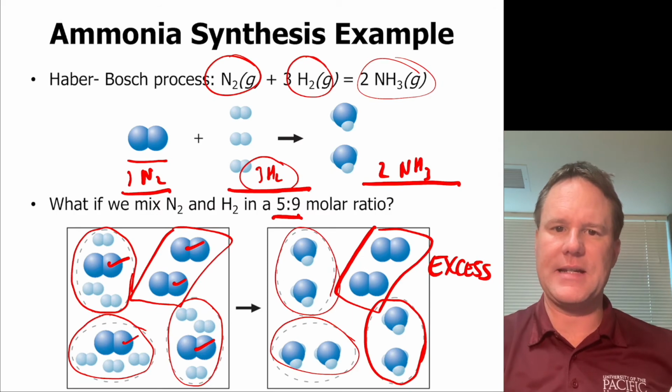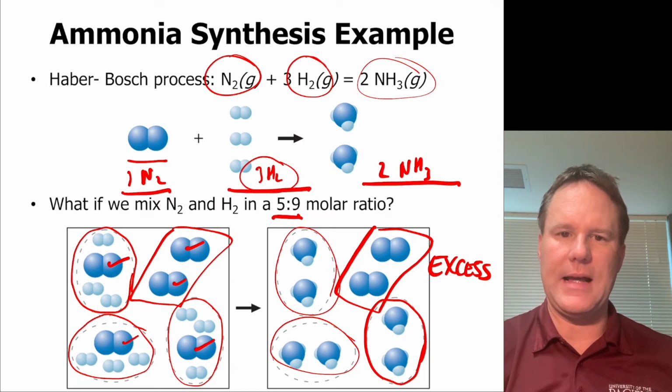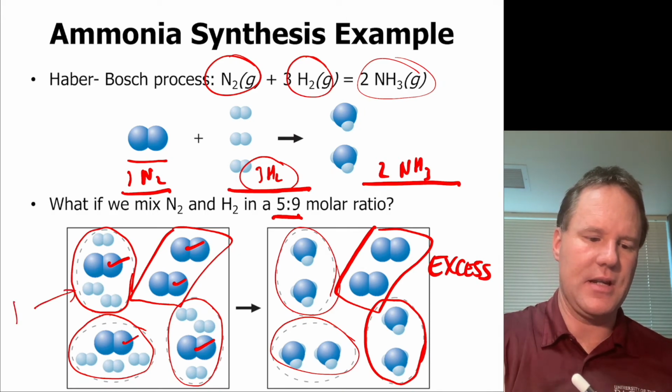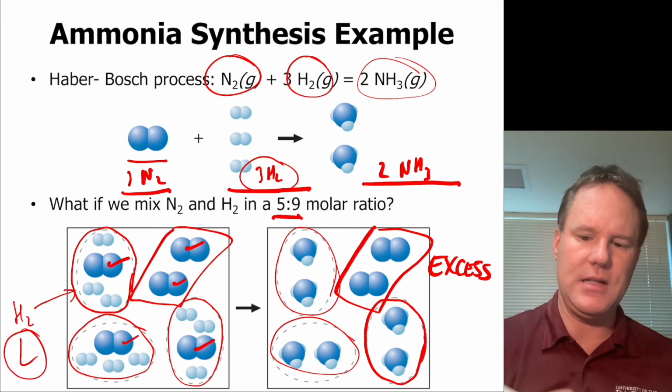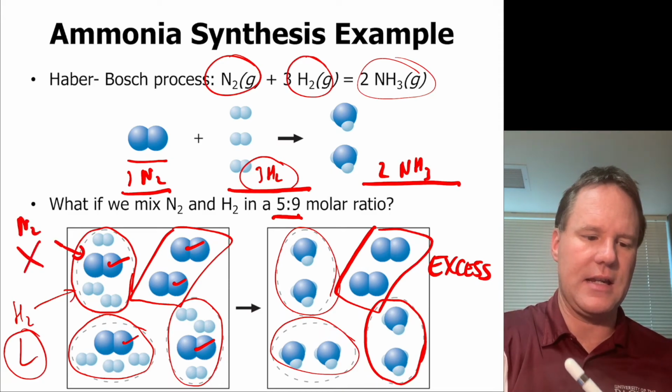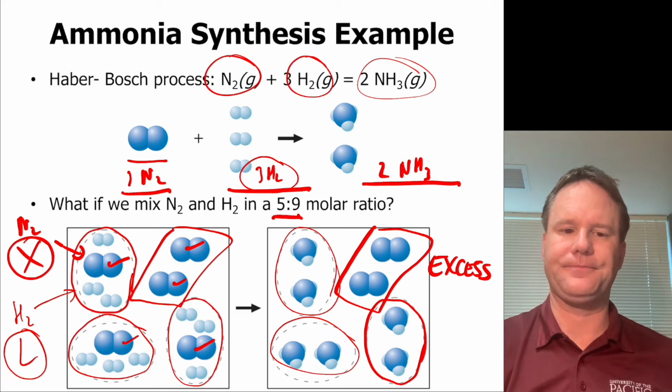So we're left with 6 ammonias and then 2 leftover nitrogens. So who's the limiting reactant here? Well, always one is in excess and the other one is limiting. So in this case the hydrogen is limiting and the nitrogen is in excess.